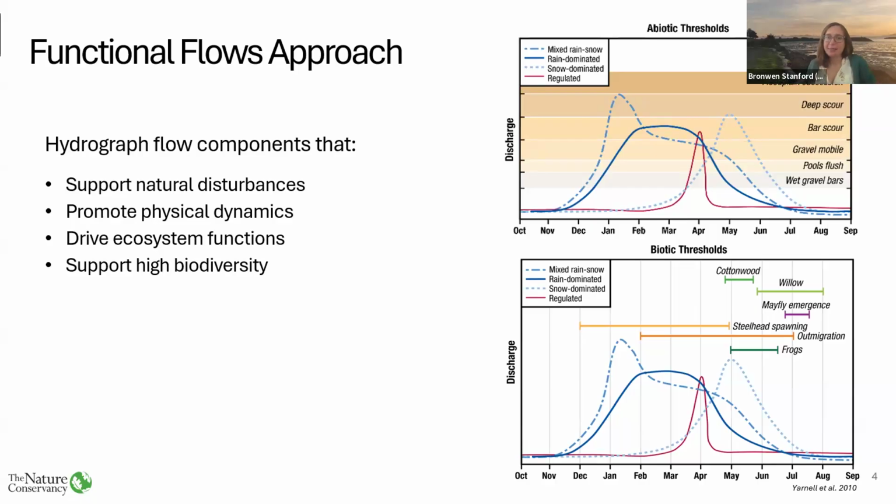So the timing and magnitude of these different flows is going to vary a lot, and the ecosystems and the species that they support will vary as well. But we found really consistently across rivers and streams that there's a characteristic timing and magnitude and duration of flows that helps that river be itself and maintain function over time. So these are what we're calling functional flows.